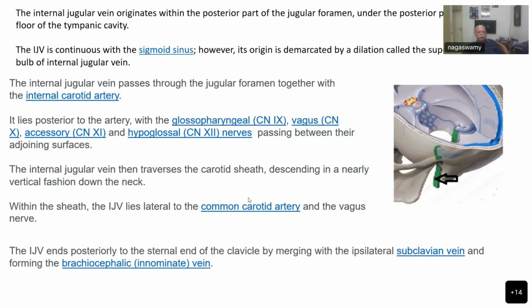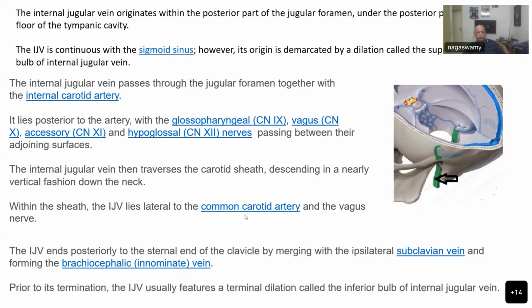And the IJV ends posterior to the sternal end of the clavicle by merging with the ipsilateral subclavian vein, forming the brachiocephalic or innominate vein. Prior to its termination, IJV usually features a terminal dilatation called the inferior bulb of internal jugular vein. So there are 2 dilatations: one is the superior bulb and the second is the inferior bulb.